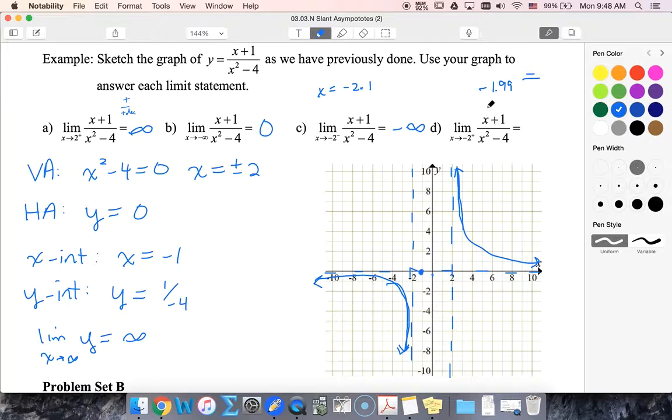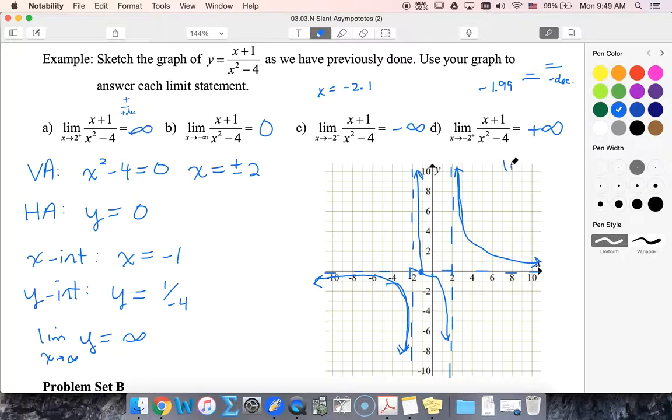So I'll have a negative over a very small positive decimal. So negative divided by a small positive decimal is going to make a large negative number. And I suspect that I'm going to go down this way.